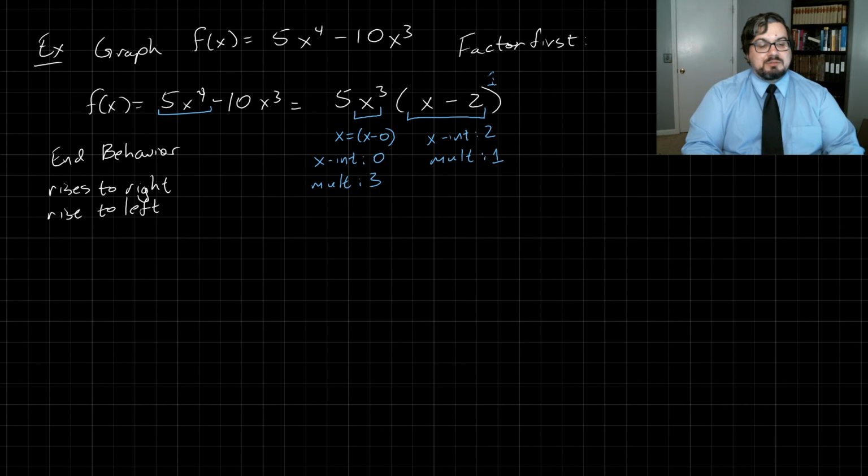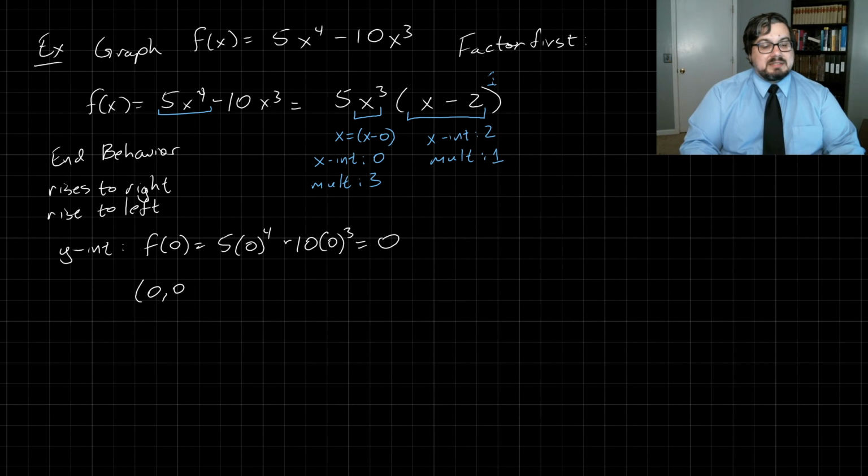So this is going to rise to the left as well. Last thing we need is the y-intercept. Y-intercept is easily found. f of 0 is equal to 5 times 0 to the fourth minus 10 times 0 cubed, which gives us 0. So that means that the point (0, 0) is the y-intercept.